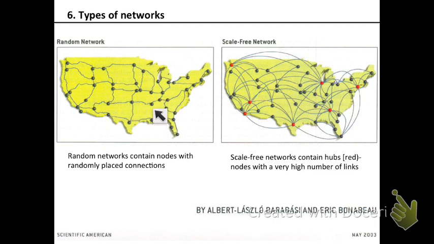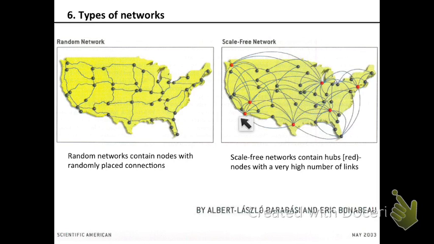What that means is for each given node, it has very few connections and they are randomly placed to their neighbors. So one example of a random network would be the highway system in the US. So each city would be connected to another with very few edges, very few highways, right? So this is going to be I-95, I-80, or whatever. And each city will be connected to its neighbor.